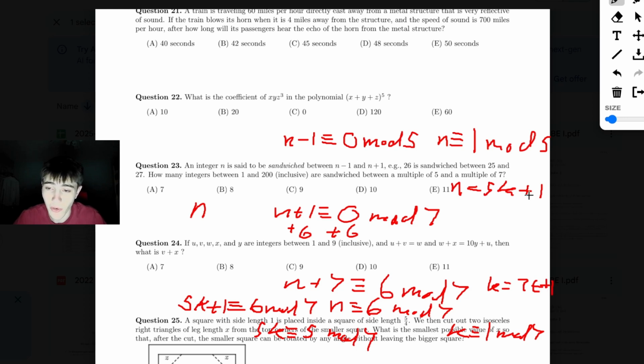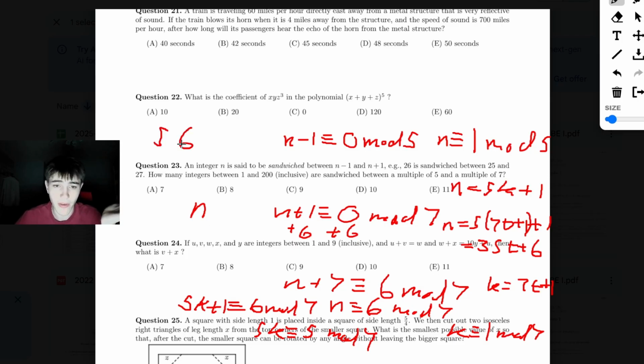And then we'd go back to n that we had before, right? N equals 5k plus 1, and write n equals 5, replace the k, 7t plus 1 to give us 35t plus 6, right? And so if t is 0, that's how we got the 6 from before, right?